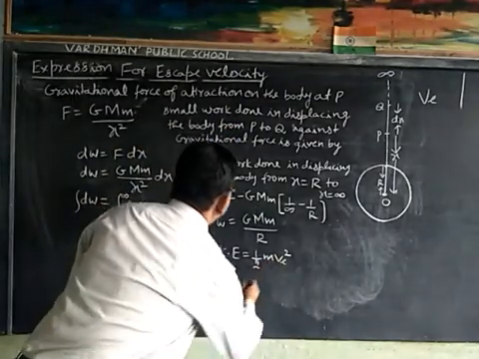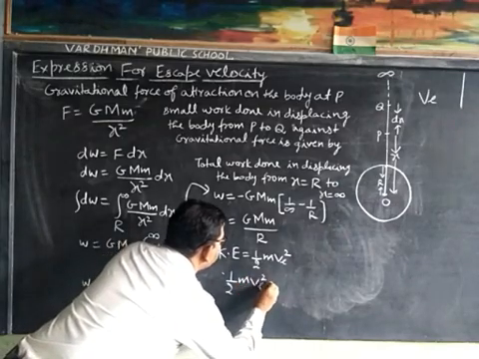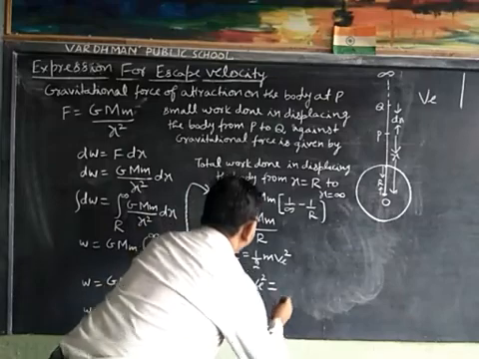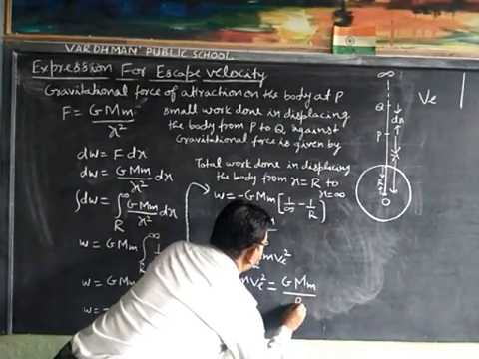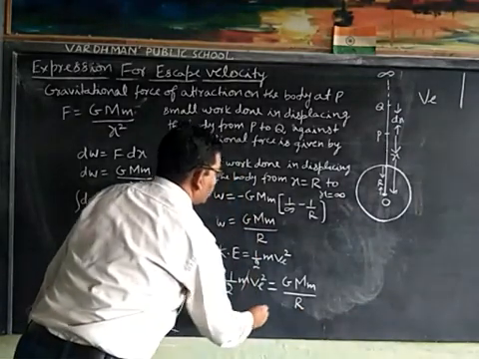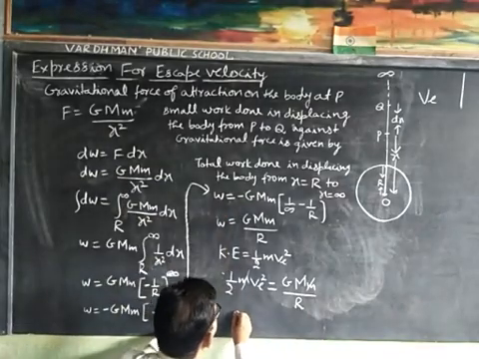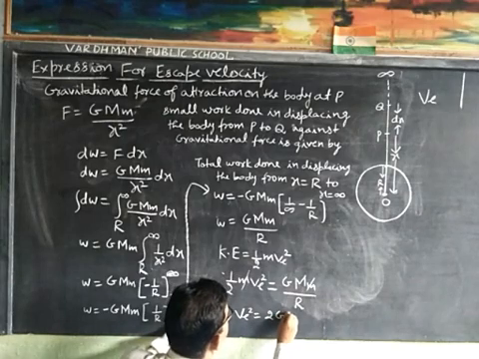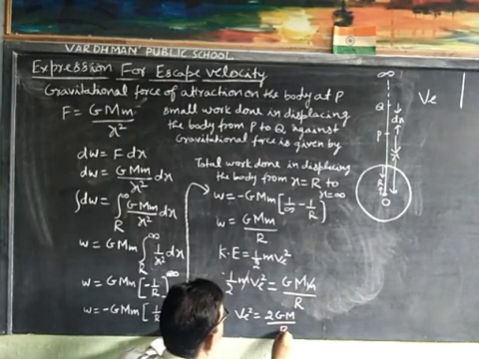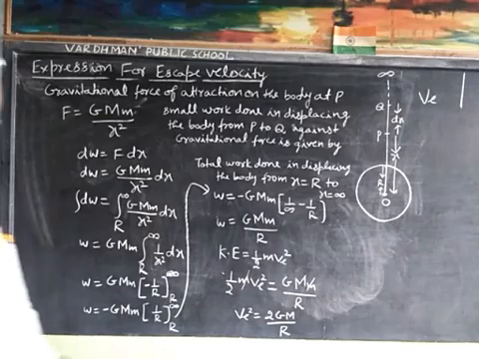Then half m VE square is equal to GMm upon R. Now cancel m from both sides. VE square is equal to 2GM upon R.